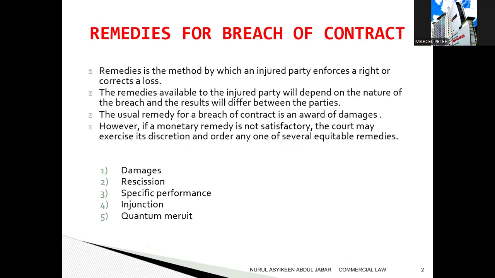And number five is quantum meruit, the payment for work already done. So in short, remedies exist to protect the injured party when the contract is breached. The court will choose the most suitable remedy based on the situation.